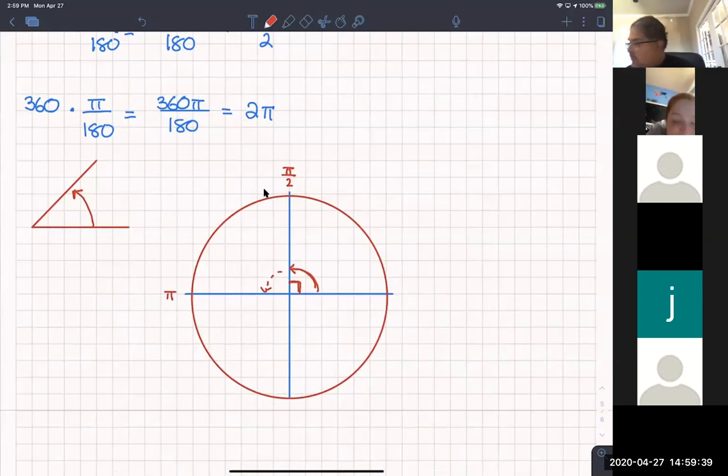Okay, so let's just do this. This is 90 degrees. This is 180 degrees. Now, let's go all the way down to here.